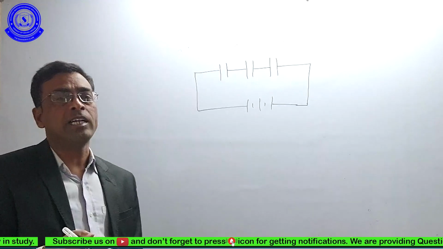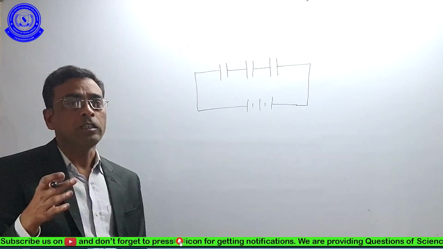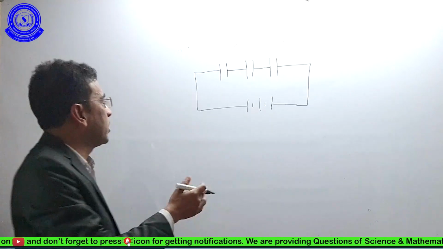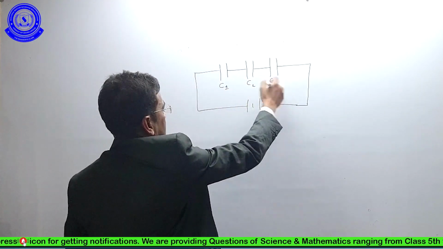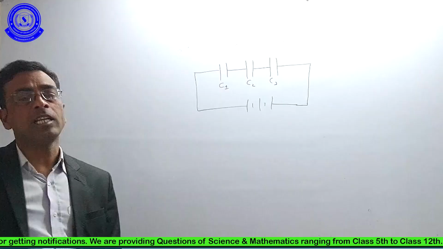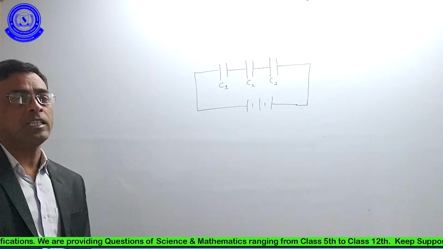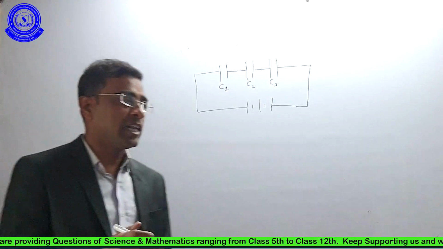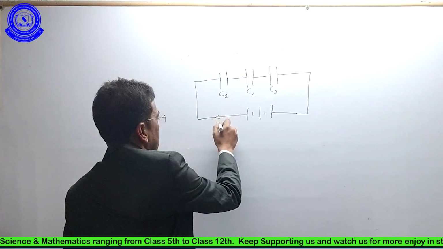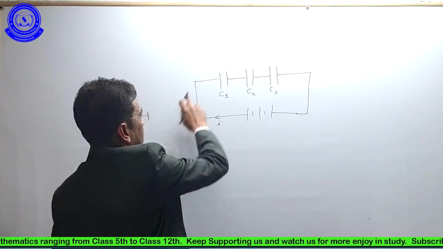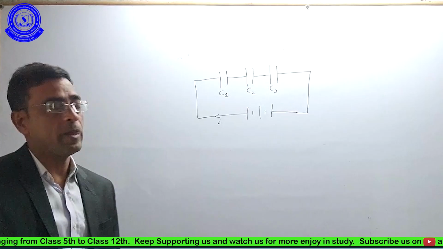The capacitance of each capacitor is not the same, and is denoted as C1, C2 and C3. For this connection, we know that the path for traveling current is one, so our current I is traveling through the closed circuit.